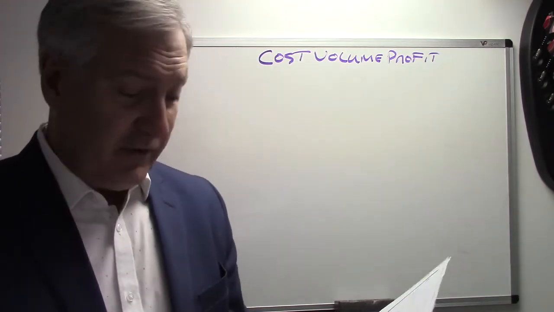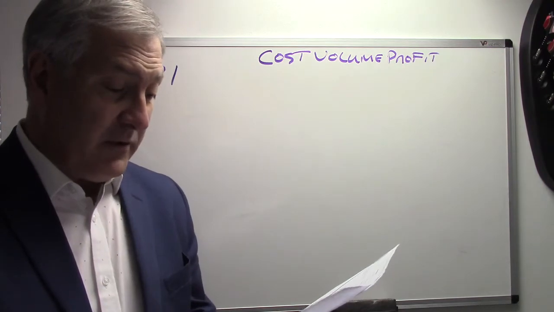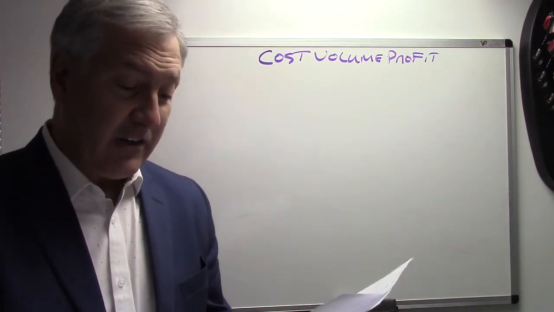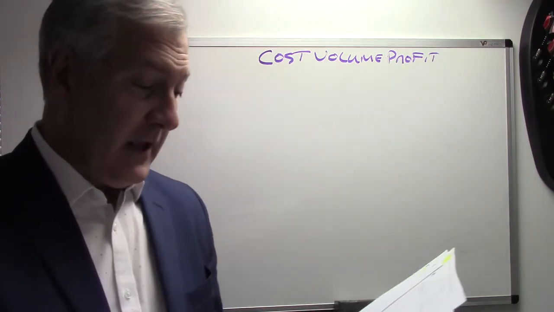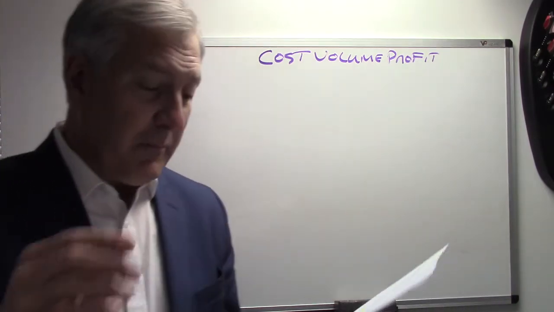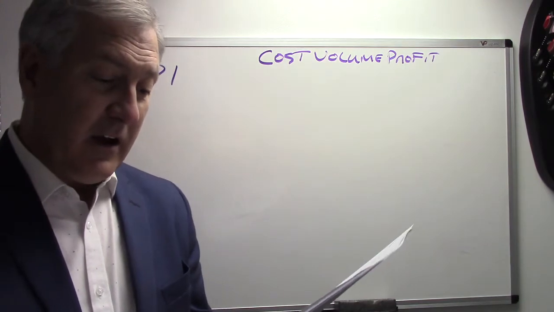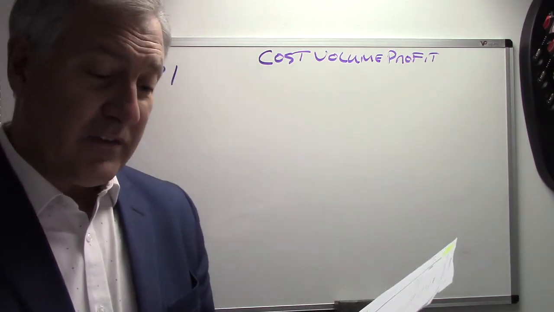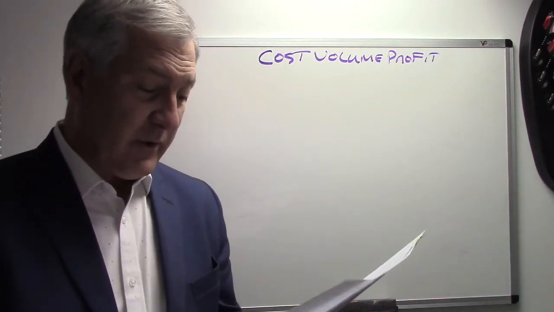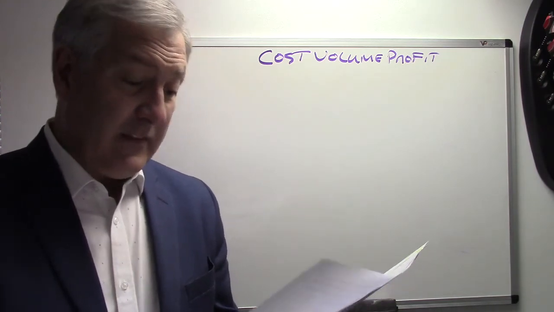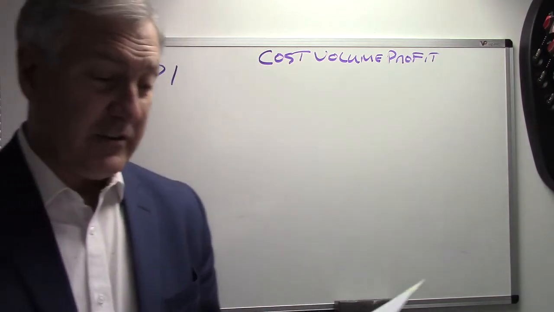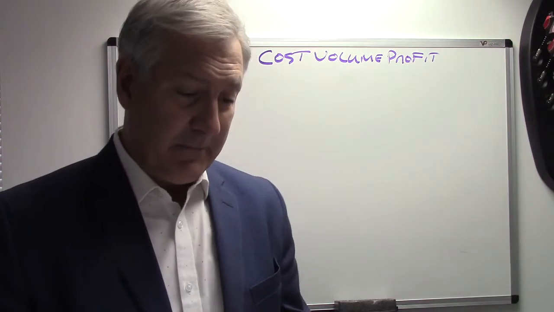Let's read the instructions first. It says item A, compute the break-even point in dollars for 2021. And then B, it says compute the break-even point in dollars under each of the alternative courses of action for 2022. And then it says which course of action do you recommend?